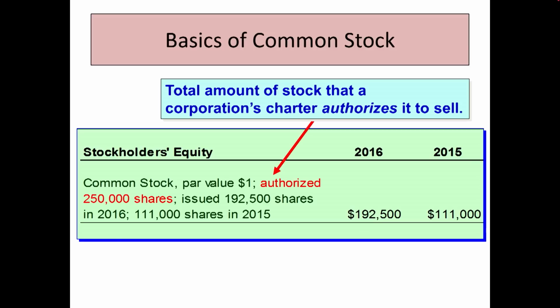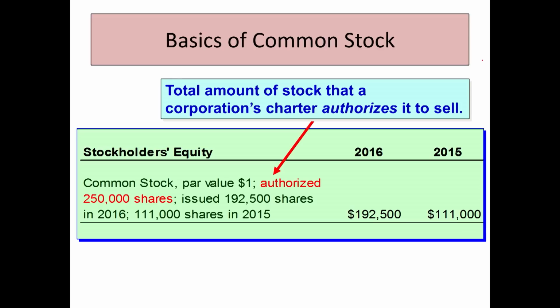That's what the corporation's charter that was voted on gives them the permission, the authority to sell. They can sell 250,000 shares of stock. Now, they've only issued or sold 192,500 shares in 2016, and back in 2015, they only had 111,000.